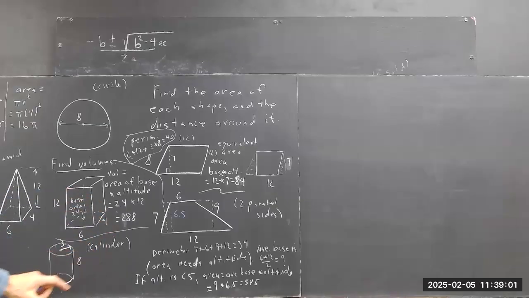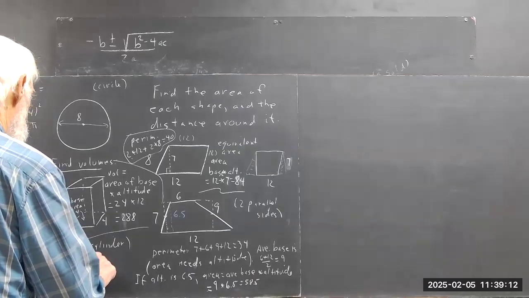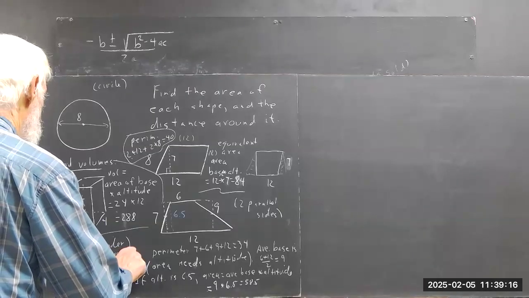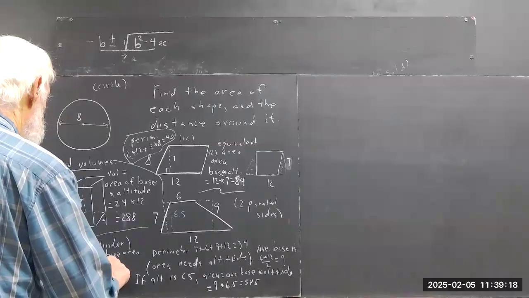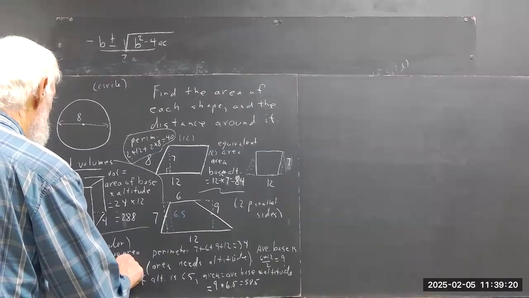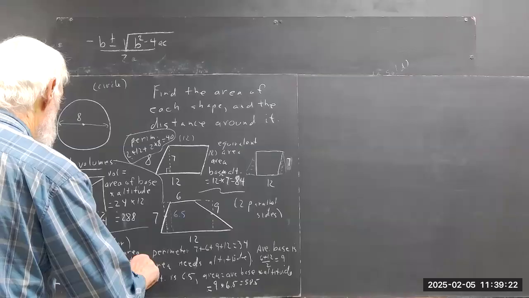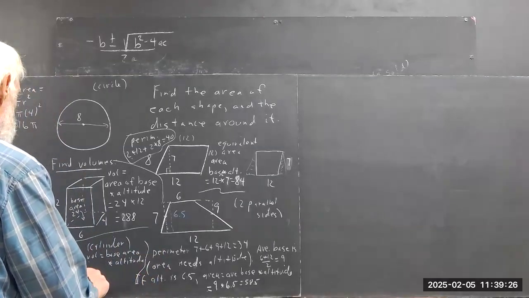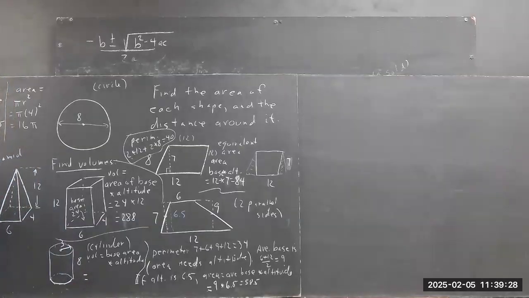Okay. So we've got a cylinder now. And again, it's the area of the base times the altitude. Okay, the base is a circle of radius 3.